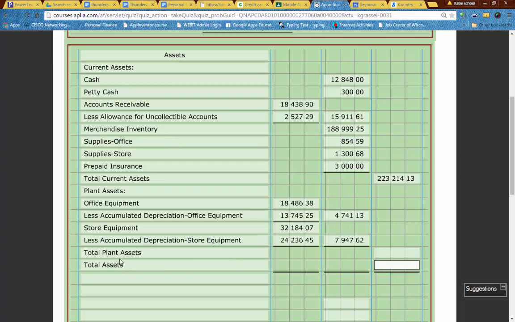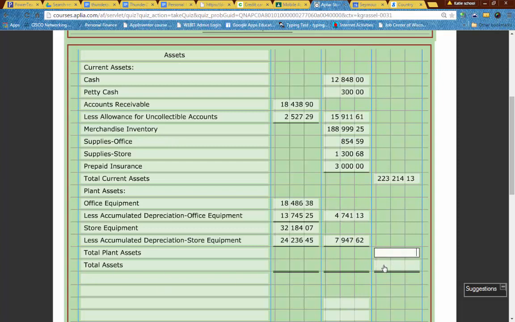So now you have to have your total plant assets. Which column are you adding for total plant assets? Only the middle column. I'm only adding these two numbers up. Okay? Only the 4,741.13 and 7,947.62. And that's going to be my total plant assets. Those two added up go under total plant assets.